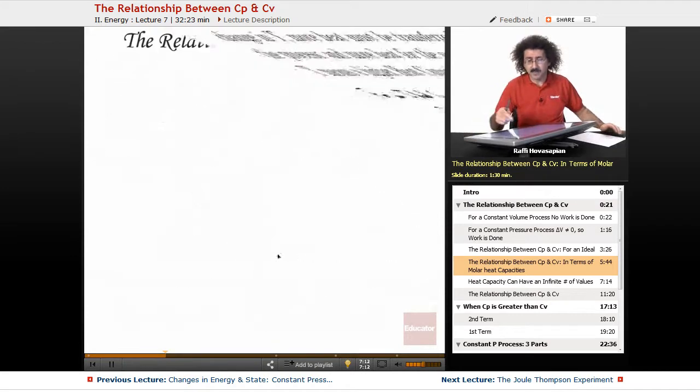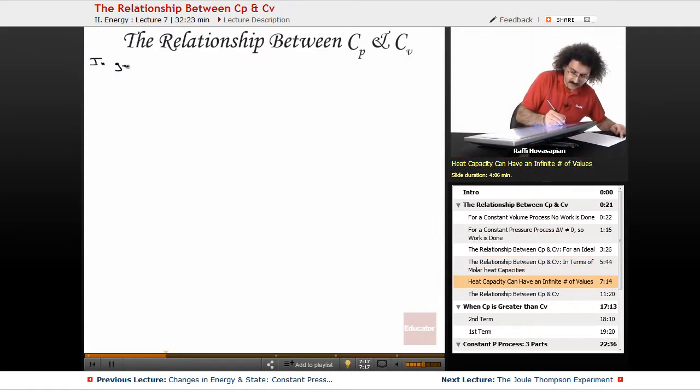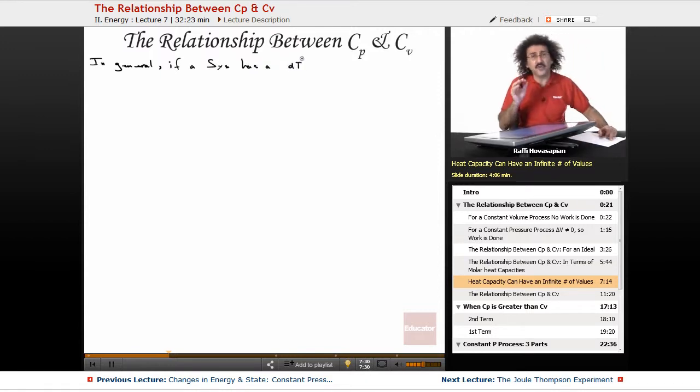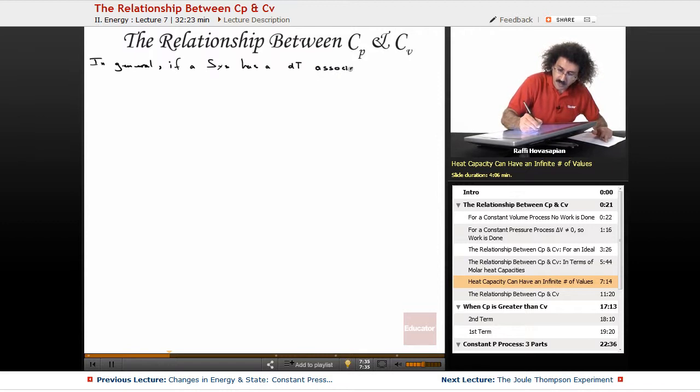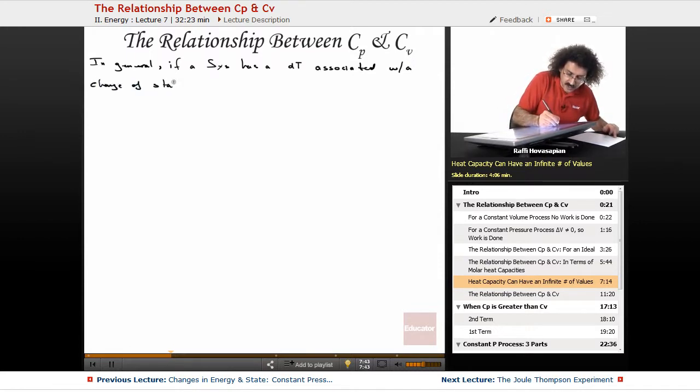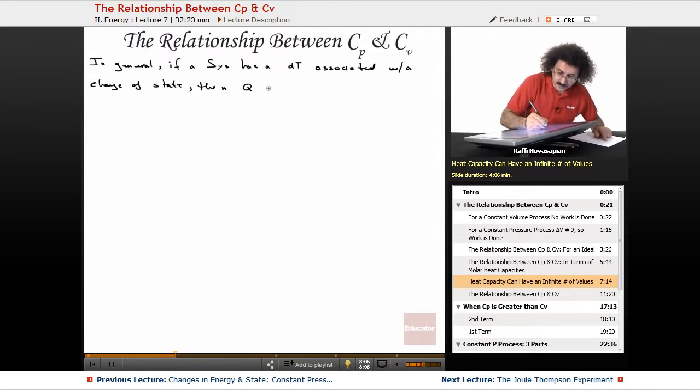Okay, now, in general, if a system has a differential change in temperature that is associated with a change of state, if in going from state 1 to state 2 there is some change in temperature for the system, then Q, the amount of heat transferred, the amount of heat withdrawn from the surroundings, can have an infinite number of values.